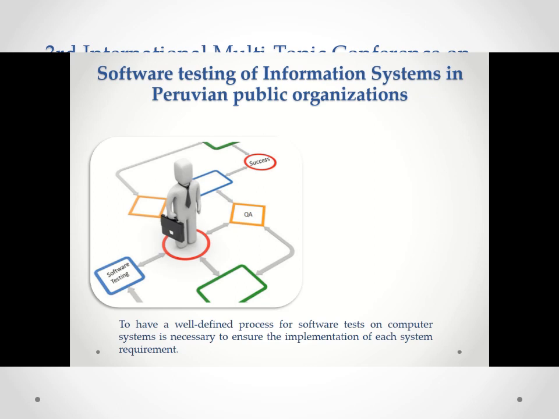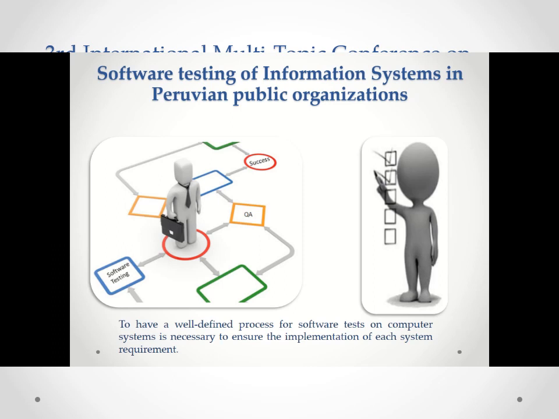So, in software testing in information systems in Peruvian public organizations, have a well-defined process for software tests on computer systems. So it's necessary to ensure the implementation of each system requirement. And for this implementation, we have to check to verify each one of the requirements needed.